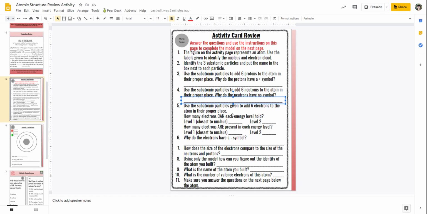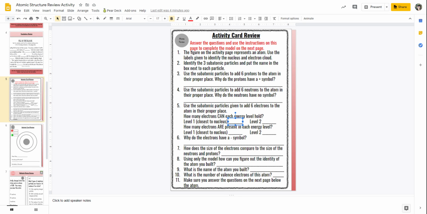Then the next question says use the subatomic particles given to add 6 electrons in their proper place. And there's a couple of questions here that are important. It says how many electrons can each energy level hold? I'm not talking about how many are going to be on this atom yet. I'm talking about how many can each level hold. Level 1 holds this many, level 2 holds this many. You type those in. If you don't know that, you should be able to look that up on your ISN pages or even with Google.